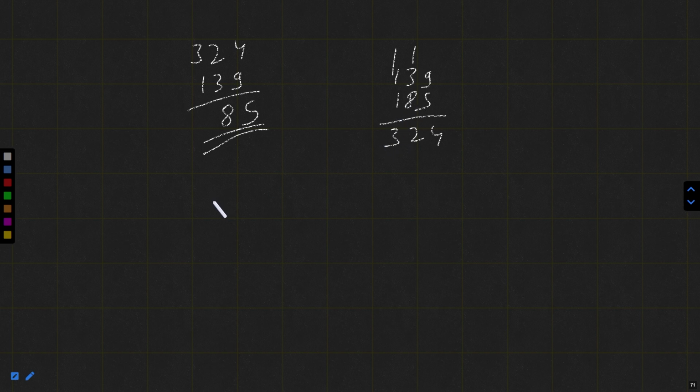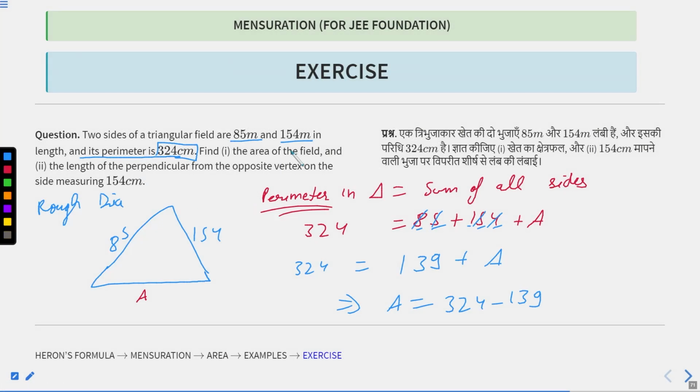Here it is 1. Sorry, this is my 2. I think I'm making a calculation error.